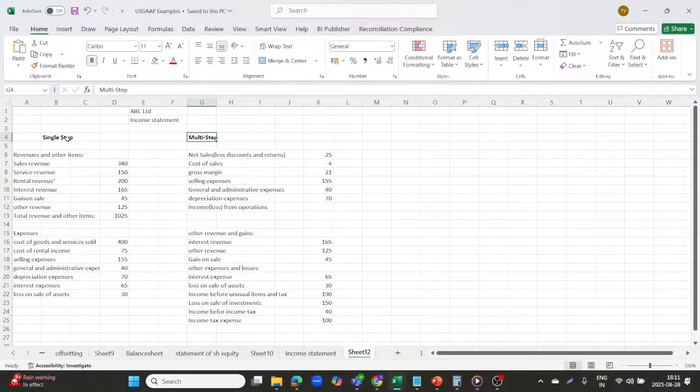Versus here, under single step, this is the easiest format, where it will not give you a bifurcation of operating expenses and non-operating expenses. It provides a simple, designer format which rules out any irrelevant item for a particular user. So here investors have one demerit, that they do not know how much revenue they earn from operating income or non-operating income. You don't have a bifurcation of operating and non-operating.